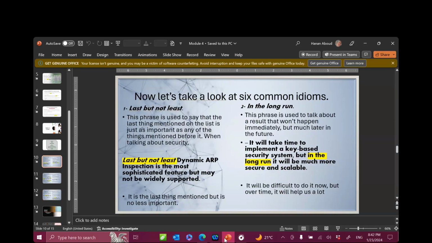Number 1, last but not least. What's the meaning of last but not least? This phrase is used to say that the last thing mentioned on the list is just as important as any of the things mentioned before. If you have a long list, the first thing in the list is as important as the last thing.